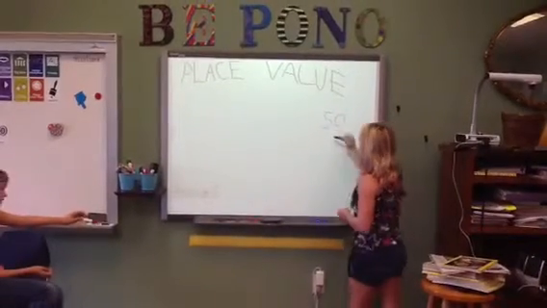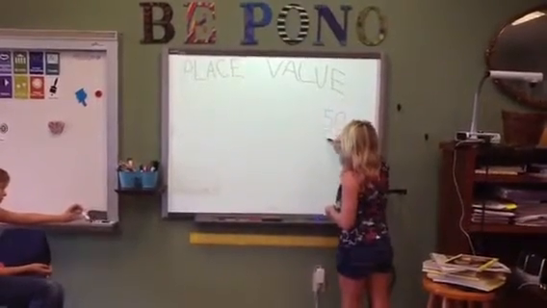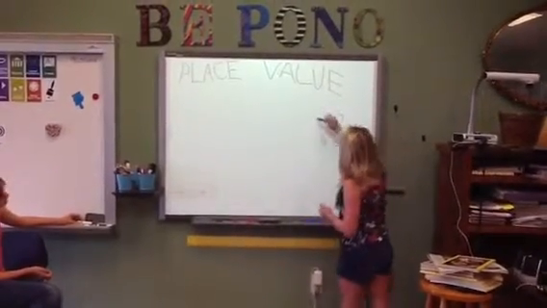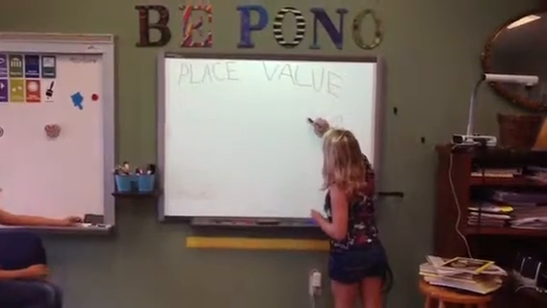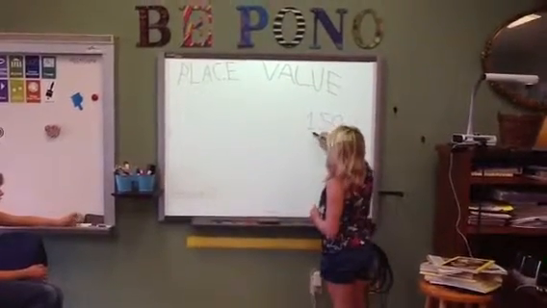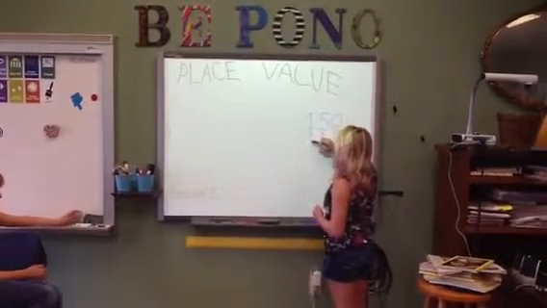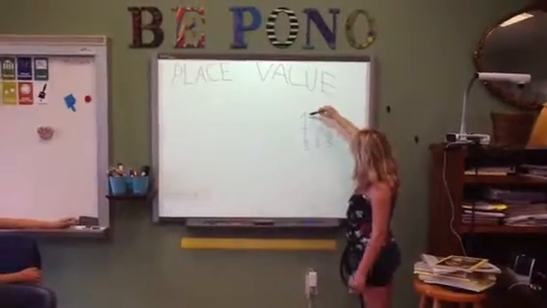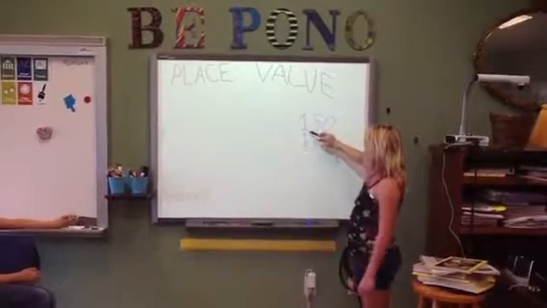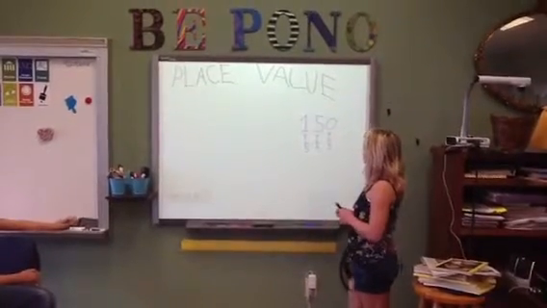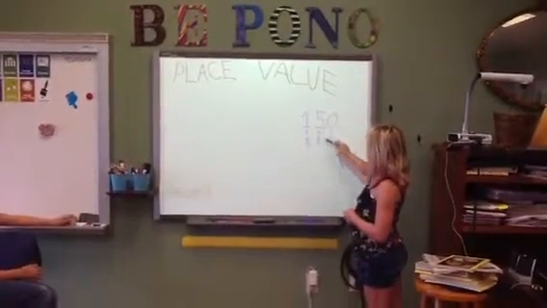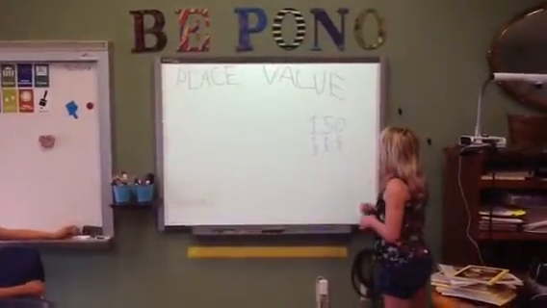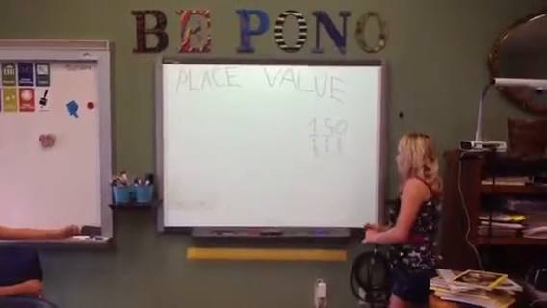And then your 5 for your hundreds, and then your 1, and that's also your ths. So, okay, this is your tenths, and the 5 is your hundreds, and your 0 is the thousands.